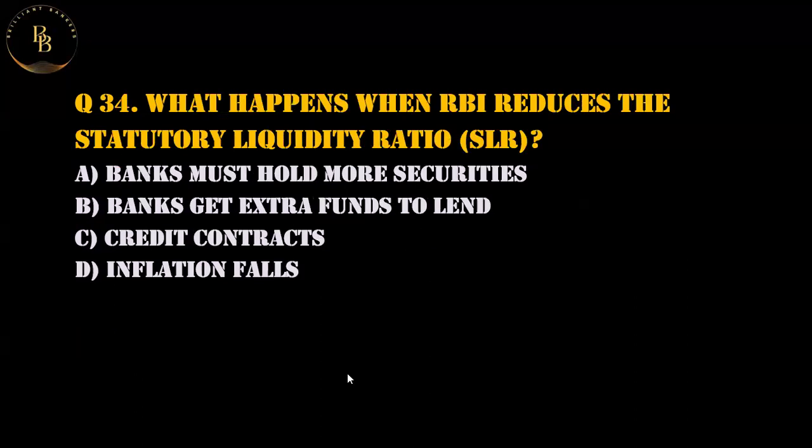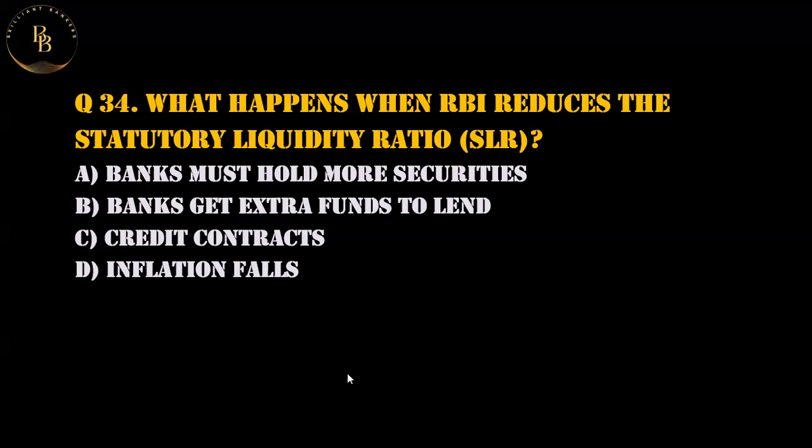Question number 34. What happens when RBI reduces the statutory liquidity ratio, SLR? Banks must hold more securities, banks get extra funds to lend, credit contracts, or the inflation falls. What happens when the SLR is reduced?